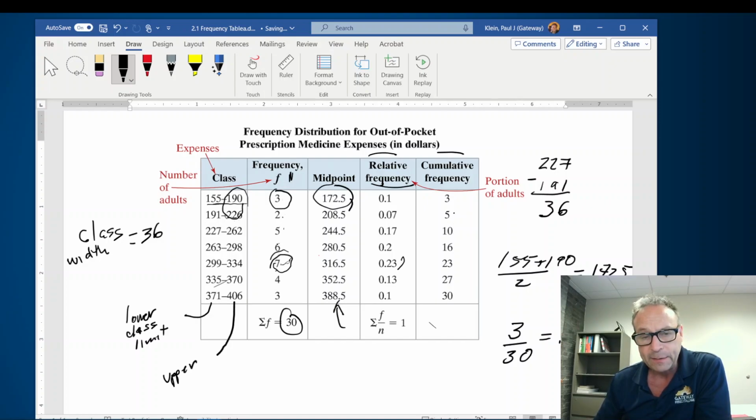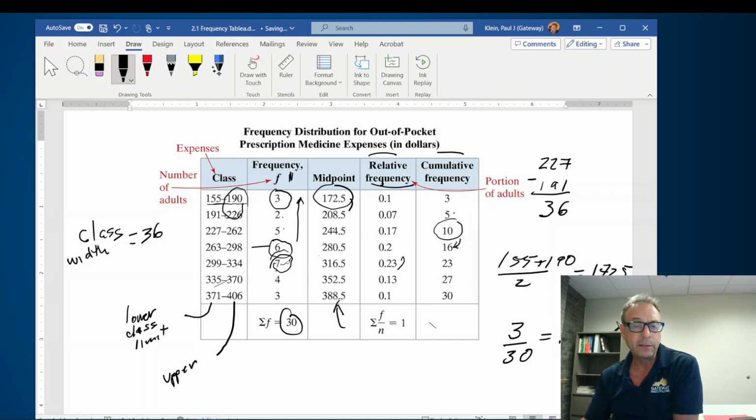Notice, if you take the next one here, which is 6, and add it to the previous cumulative frequency, you'll get the next number. But what does this mean? The cumulative frequency is just the number of data points in that class plus the count of all the data points beforehand. And so that's the cumulative frequency. I hope that clears things up.